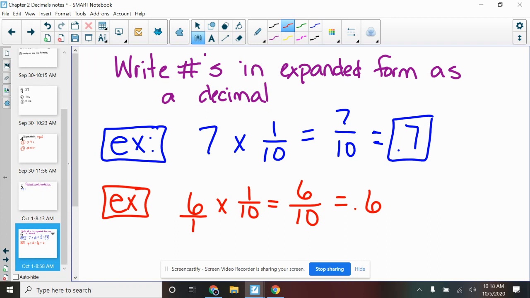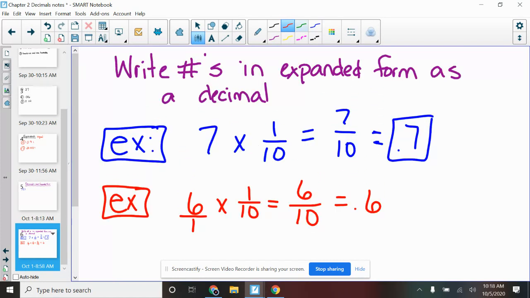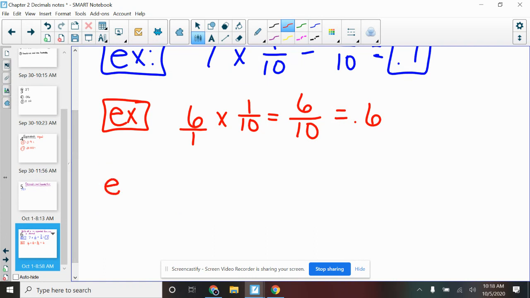So what do you think it would be if, instead of having a number multiplied by a 10th, we had a number multiplied by 100?